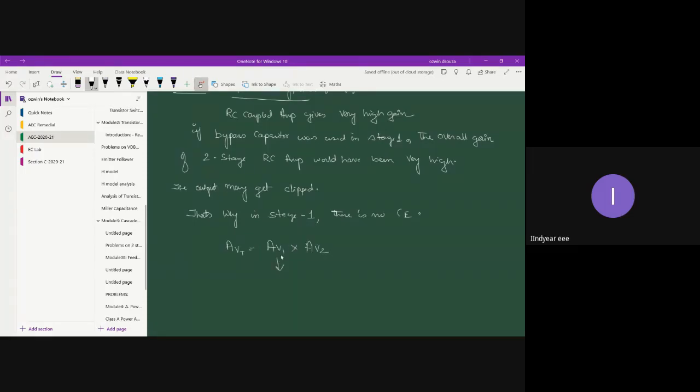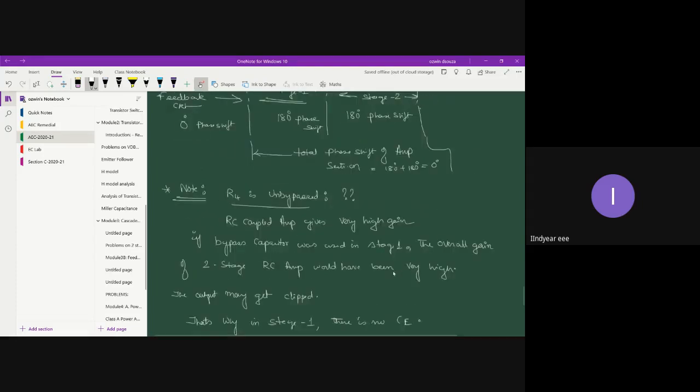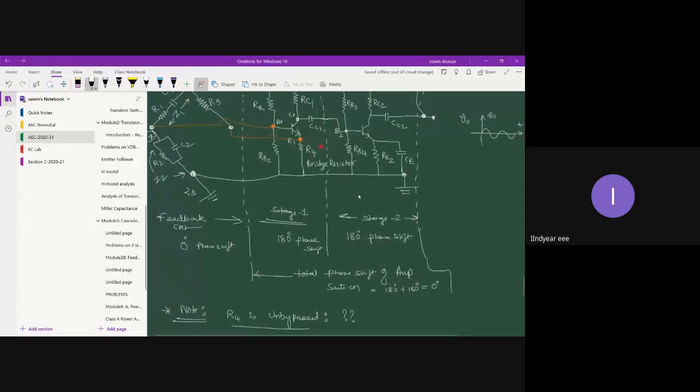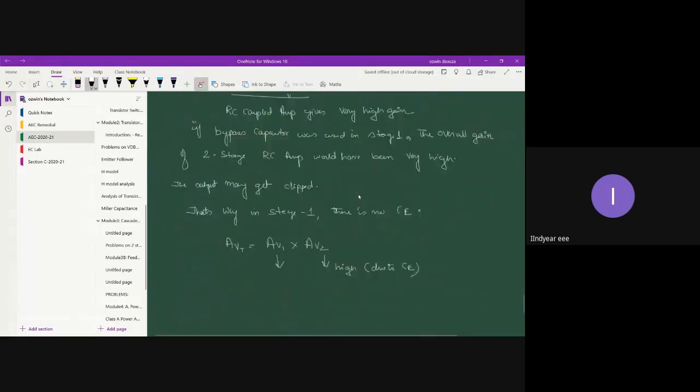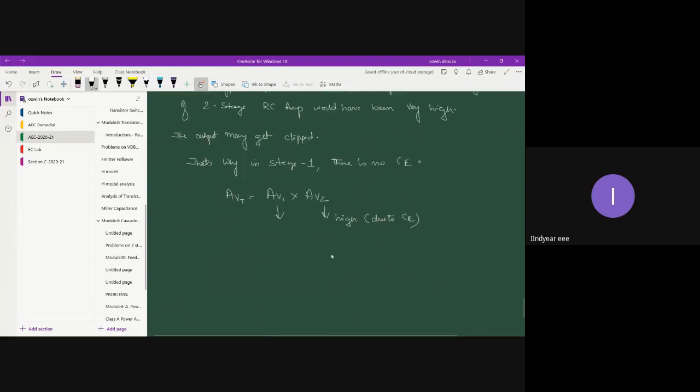AV2 is high due to CE, right? There is a bypass capacitor in the second stage. If in both the stages you don't use a bypass capacitor, then your signal would have been very, very small. So you need a bigger signal, but you don't need a very high amplitude one. You need a moderate signal.